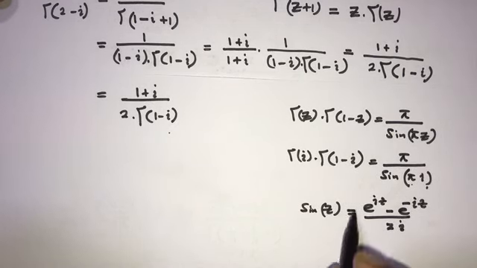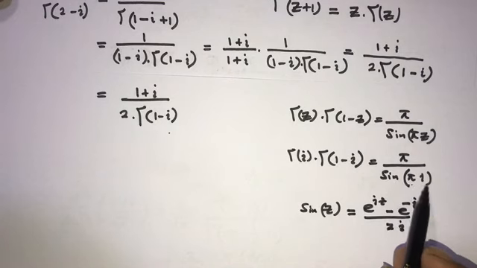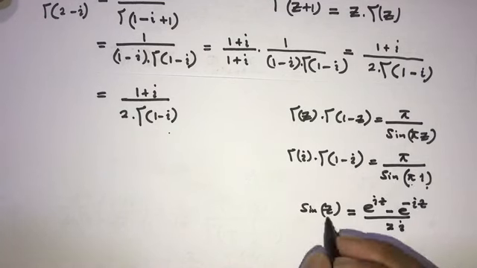Now we need the sine of 5i. So I substitute 5i for z.